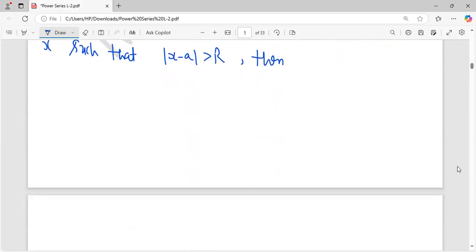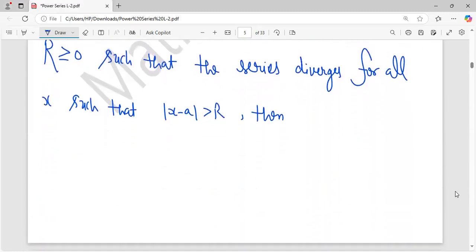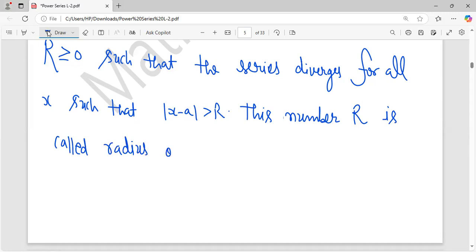then this number R is called the radius of convergence of the power series.